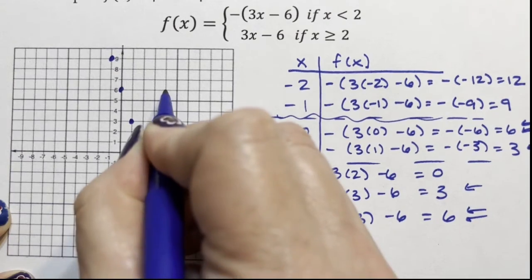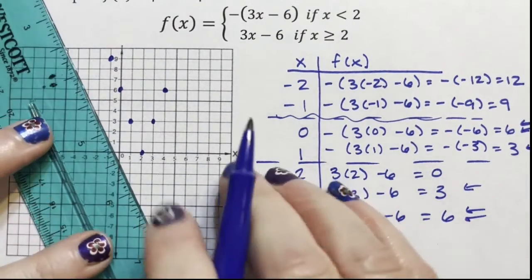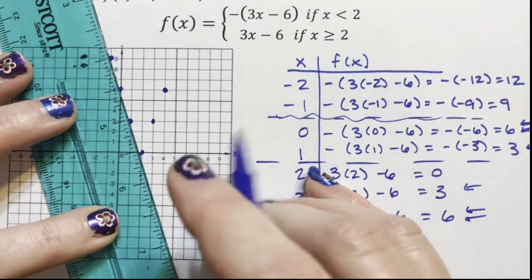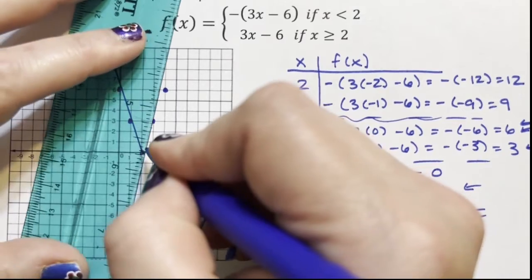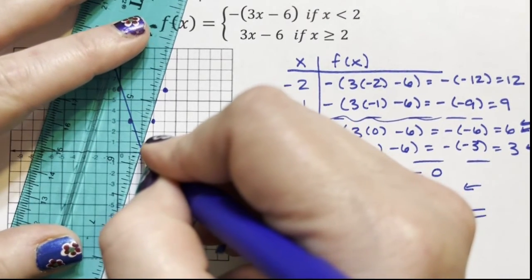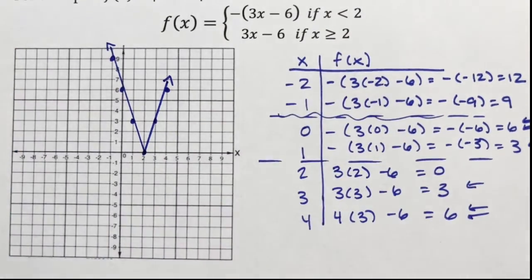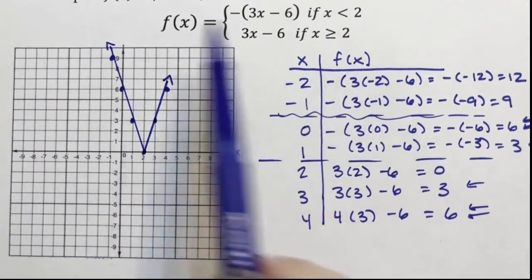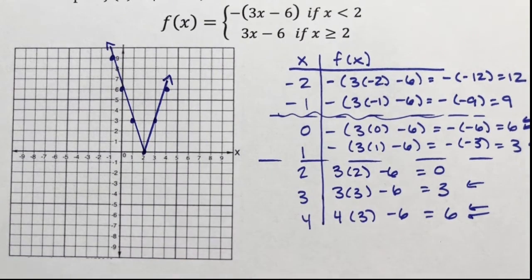I'm going to use a handy dandy ruler so I can get super pretty straight lines, and use an arrow. I get my very traditional V, which is what you get with an absolute value and a linear. And sure enough, this piecewise function defined that absolute value function.